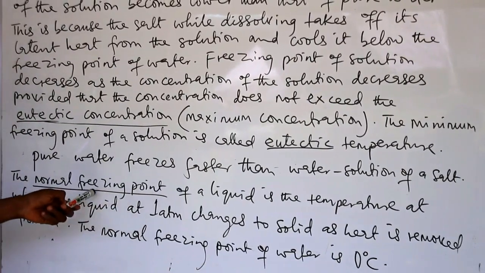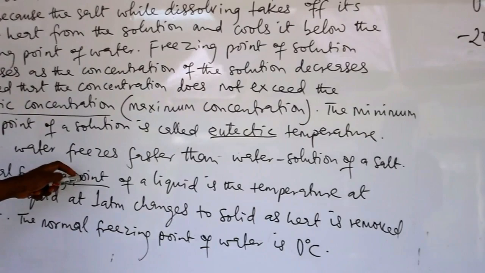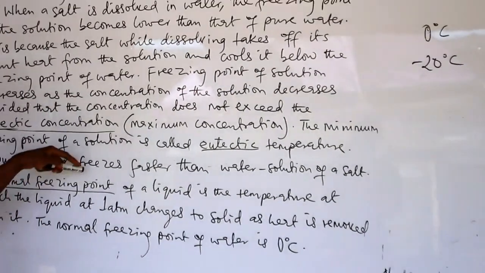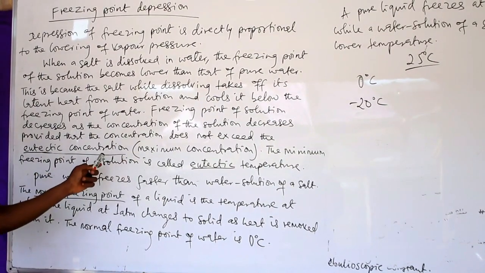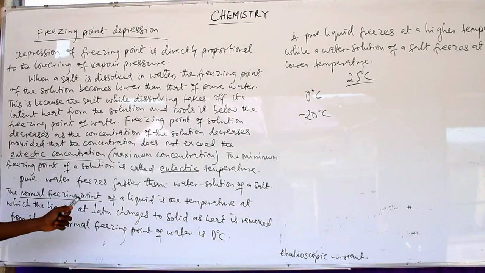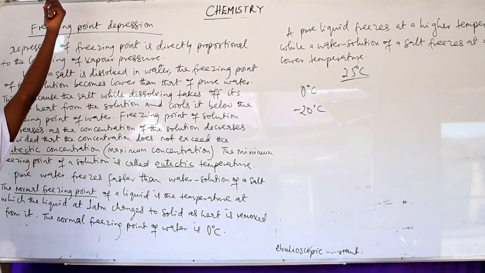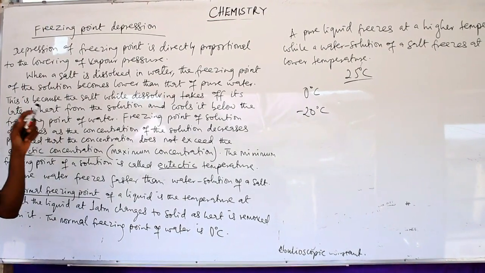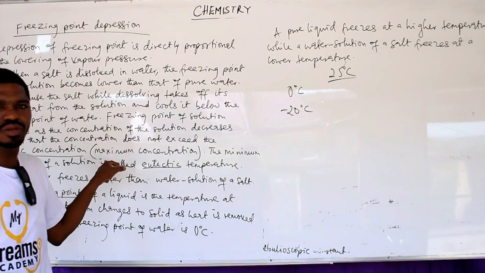If you now increase the amount of dissolved salt particles beyond that maximum value, eutectic concentration, please note that instead of the freezing point continuing to reduce, it will now start rising again.